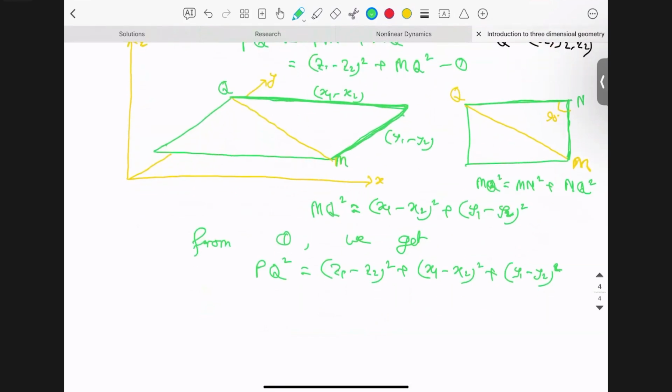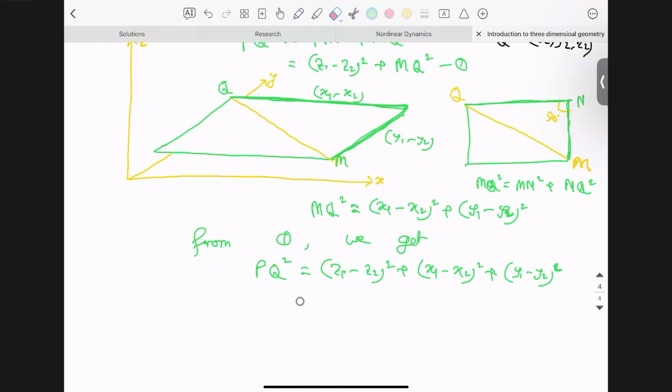Now, for getting the actual length of this PQ, we need to take the positive square root. Why not the negative square root? Because we are working with a length, and length can't be negative. You can't say that the distance between you and your friend is a negative quantity, like minus 10 meters. The length should always be positive.